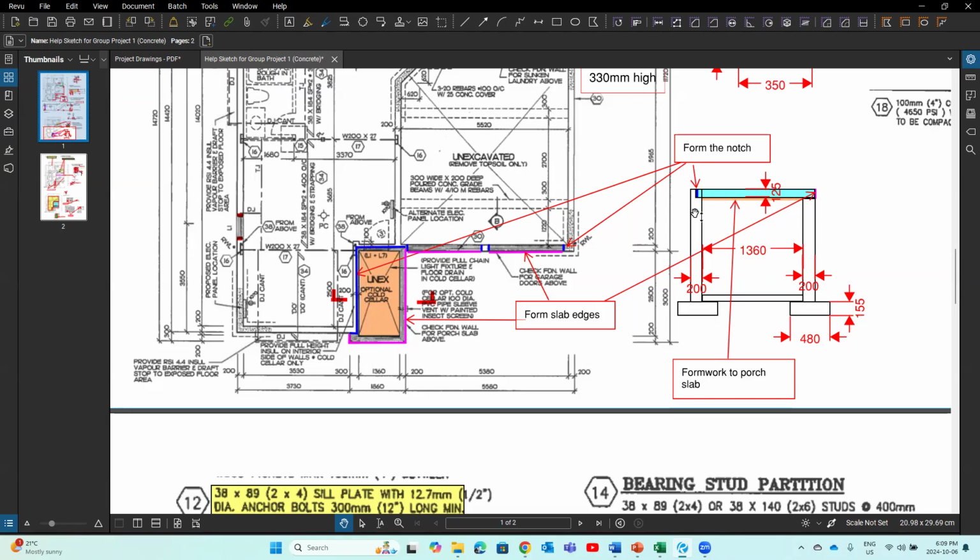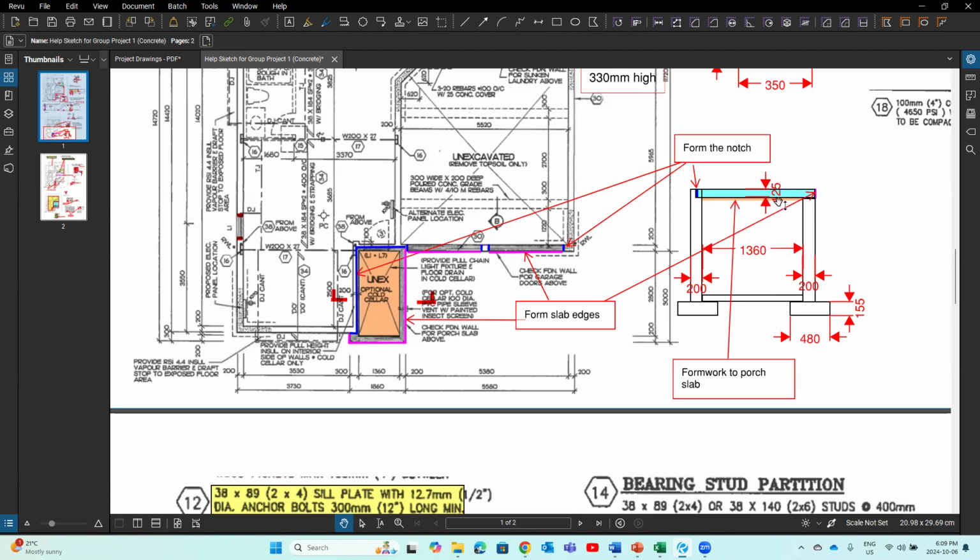I should say, we are going to see how we build this foundation: walls, footings, and slab, right? We build a footing first, then we build this foundation wall, right? Build this foundation wall. Then we pour concrete of this slab after that. And we are going to form this slab later.